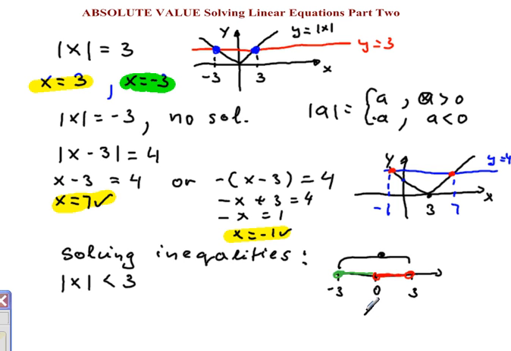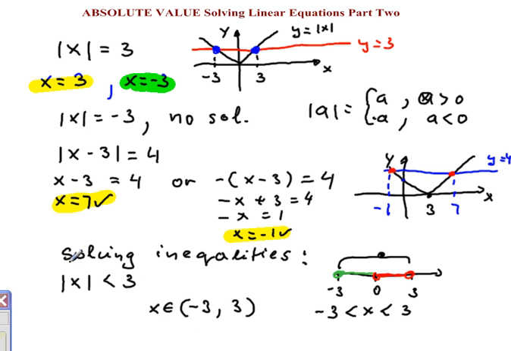We can write this using a double inequality: negative 3 is less than x, which is less than positive 3. You read: x is greater than negative 3 and x is less than positive 3. You can also use interval notation: x is an element of (negative 3, 3). So x belongs to that interval.